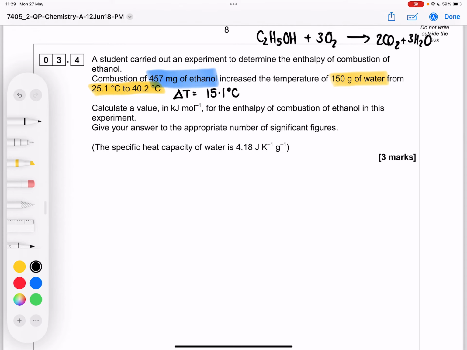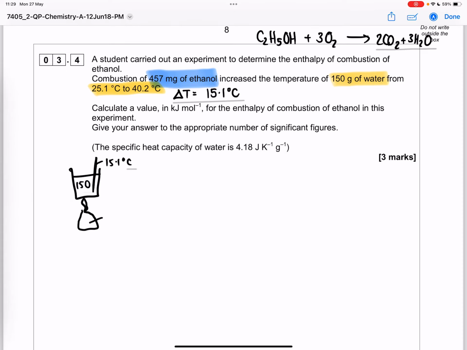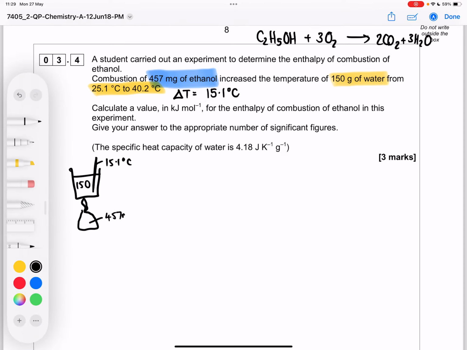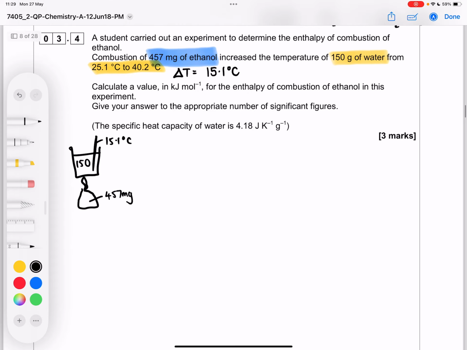And that water was here, 150 grams, with our thermometer in, 15.1 degrees C. Our fuel is down here, burning underneath, and this is our 457 milligrams. So when we do Q equals mc delta T, remember that this is all about the water.